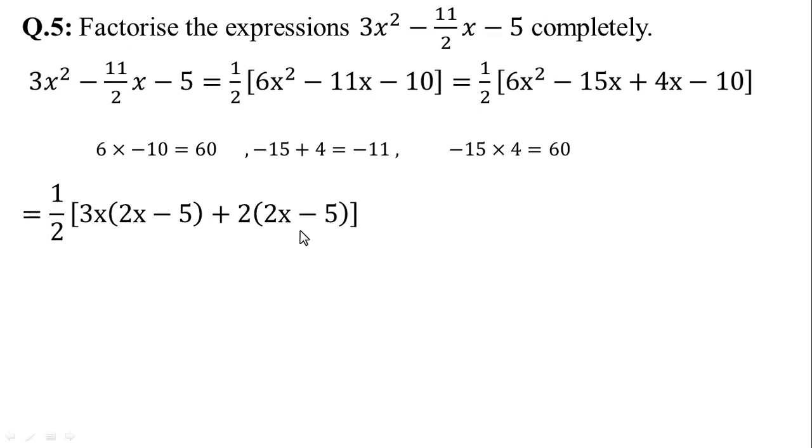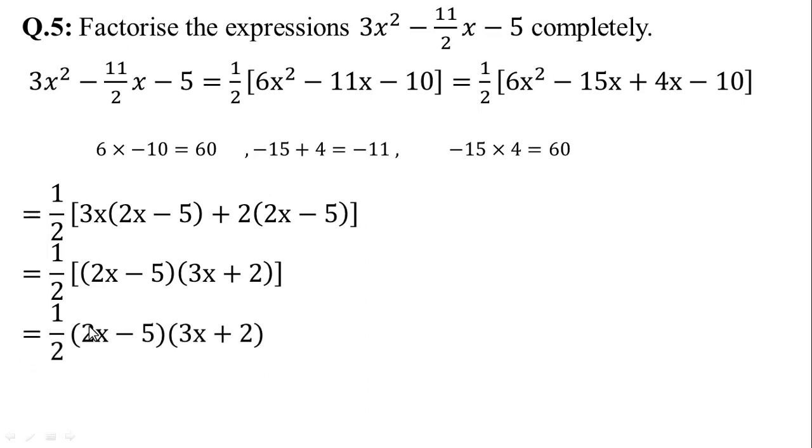Here 2x minus 5 and 2x minus 5 are also common. We have 1 upon 2 into 2x minus 5 into 3x plus 2. Then we have the final answer 1 upon 2 into 2x minus 5 into 3x plus 2.